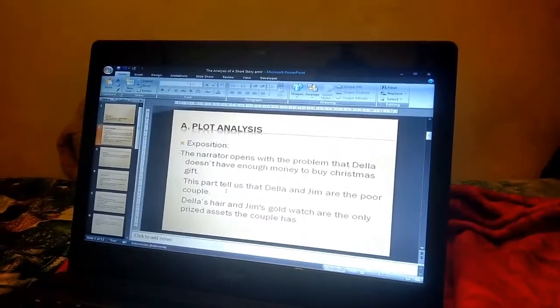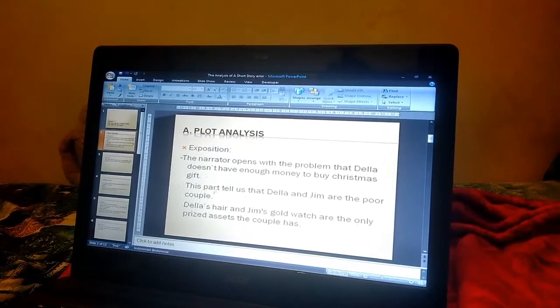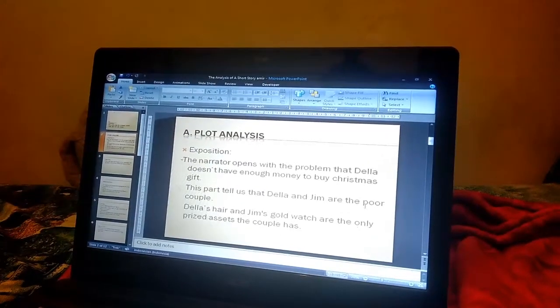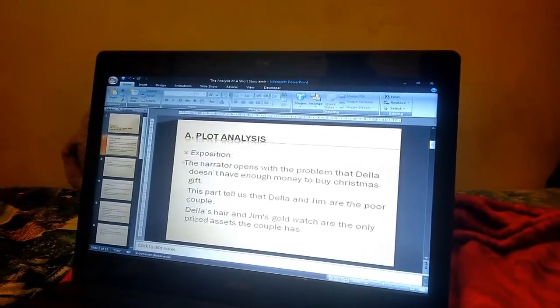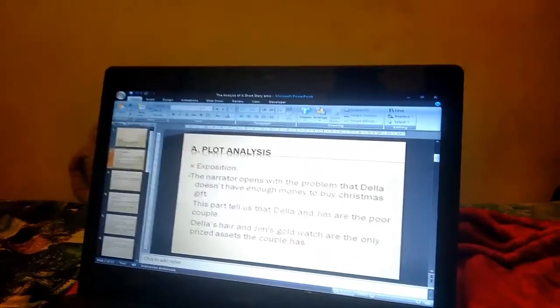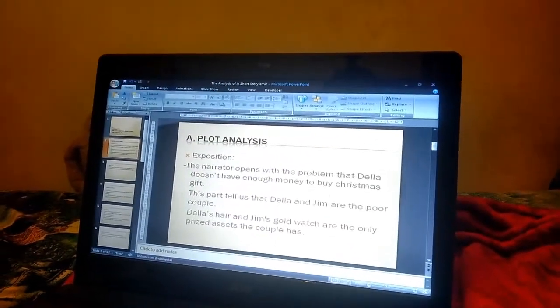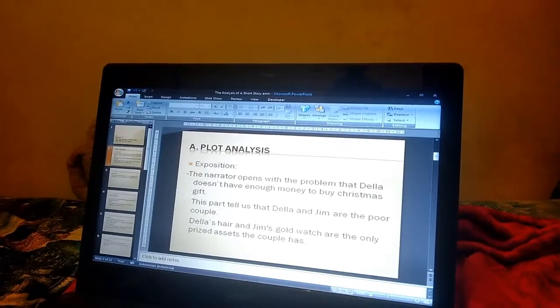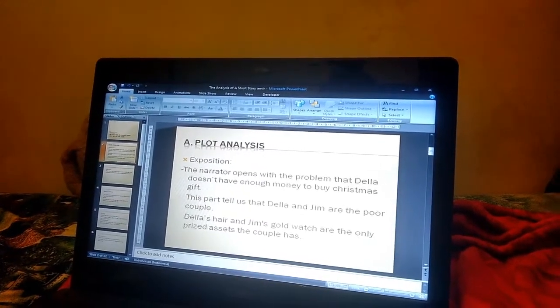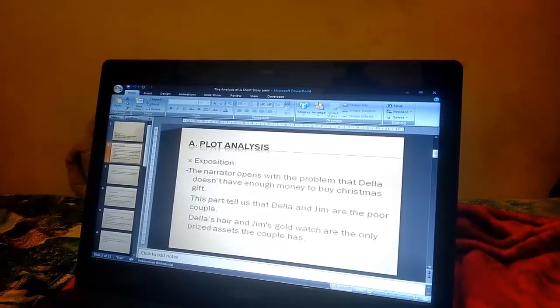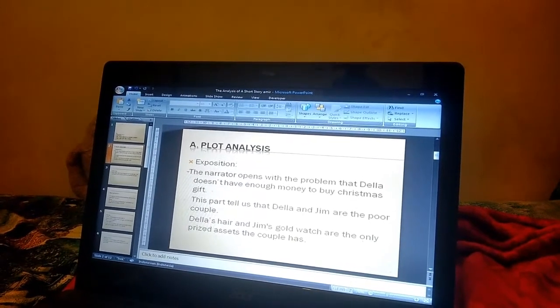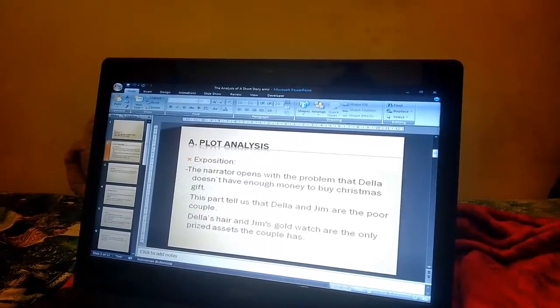And I think this is a very important thing: the poverty of Della and Jim will bring out the true love between both of them.